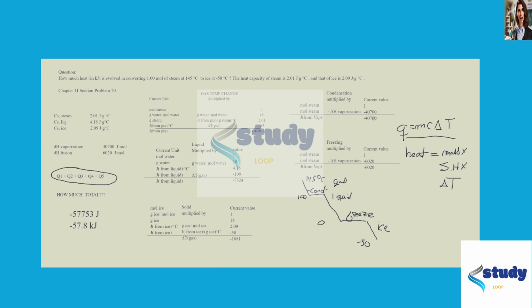Okay, so we do that calculation, and then we'll add that to the Q from the liquid, which is 1 mole times 18 grams per mole times 4.18 joules per gram per degree Celsius. Then we multiply that by negative 100 degrees Celsius, which is the change in temperature going from 100 degrees to 0. We'll add that to the Q from freezing.